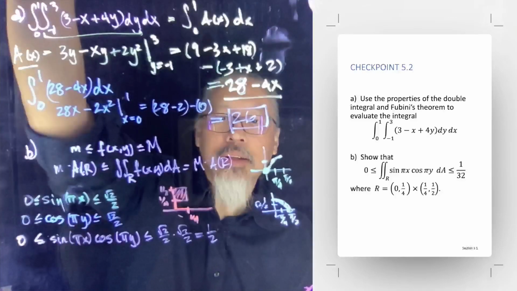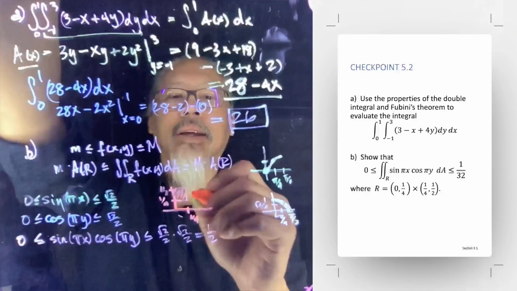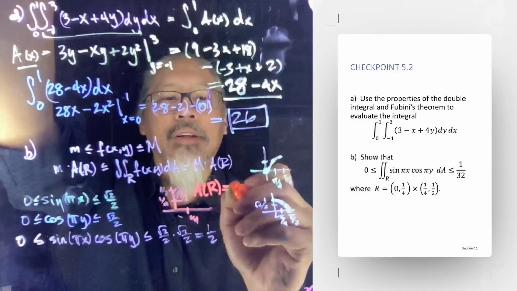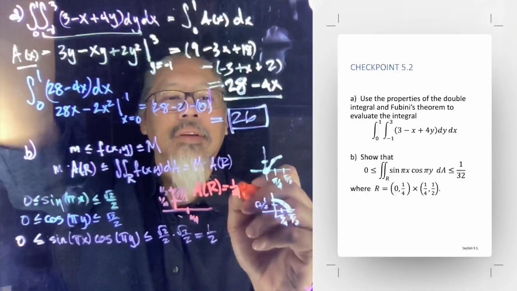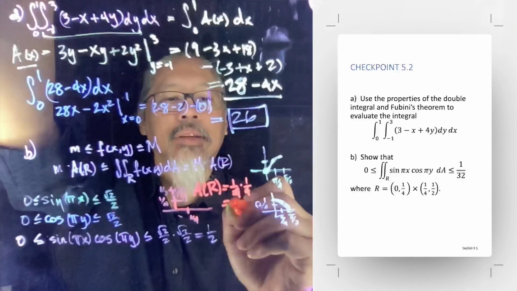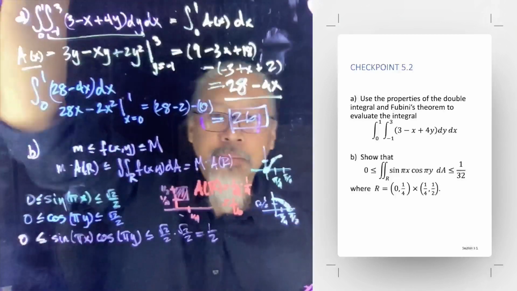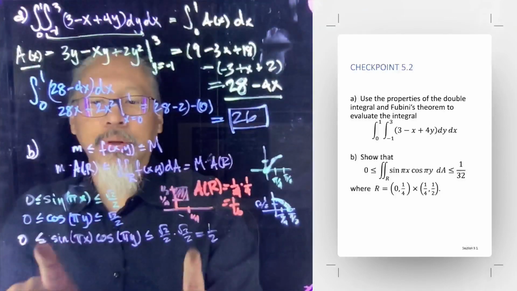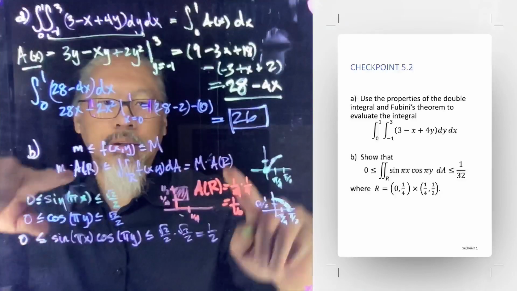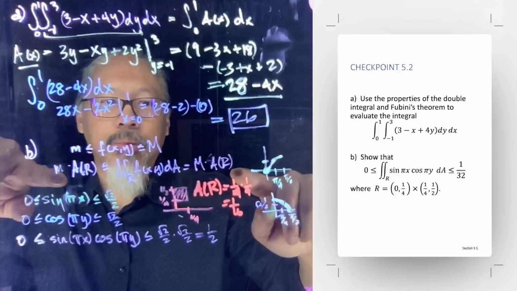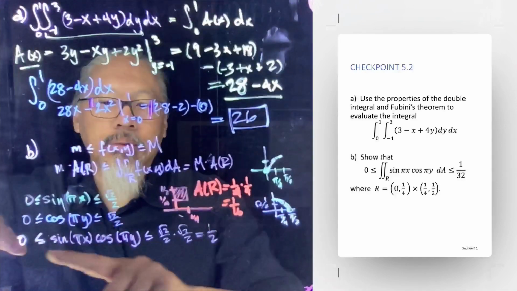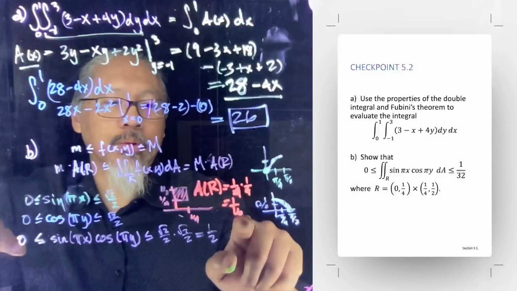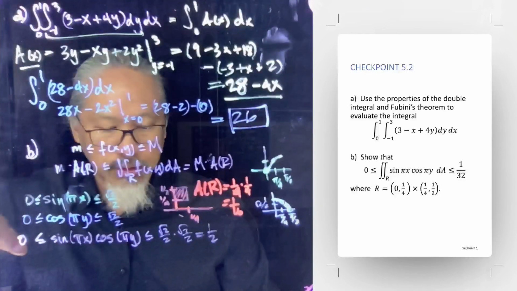Okay, that's just a square. Each square has side length 1/4. And so the area of the region looks like it's going to be 1/4 times 1/4, and that's 1/16. Okay, so that is our area, and now we multiply each of these by the area according to the property. So 0 times 1/16 is 0, and 1/2 times 1/16 is 1/32.